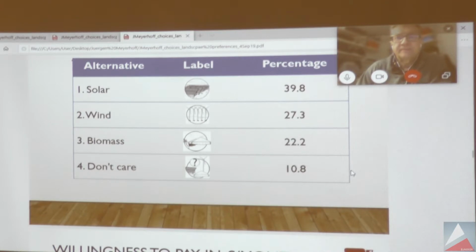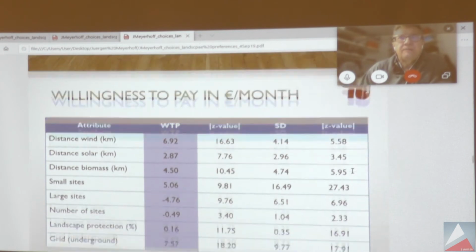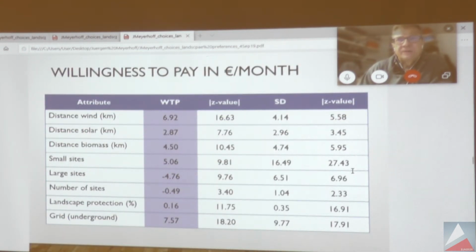So then the final slide for this first example shows the results of the regression analysis, where we try to find out how changes in the attribute levels influence people's willingness to pay. As you can see in this highlighted column, we have the willingness to pay, what people are willing to pay per month as a part of their energy bill.